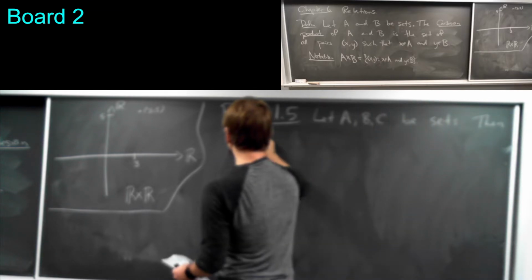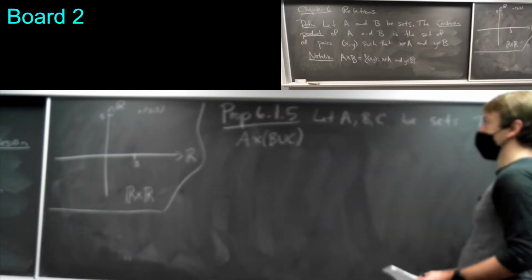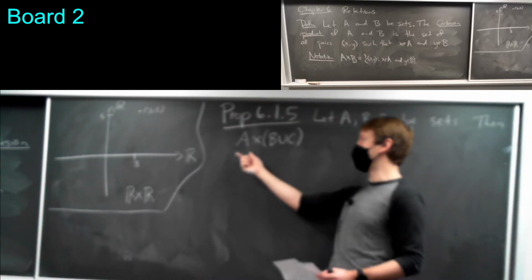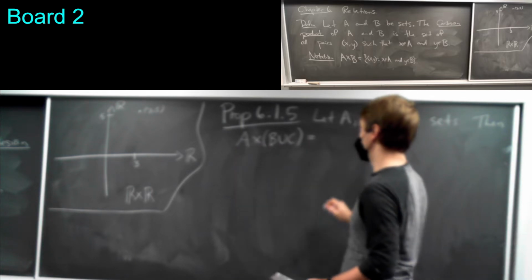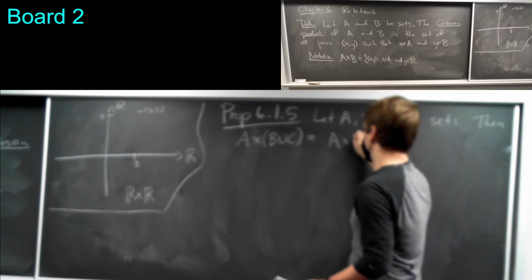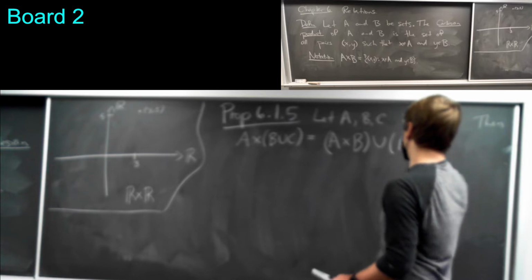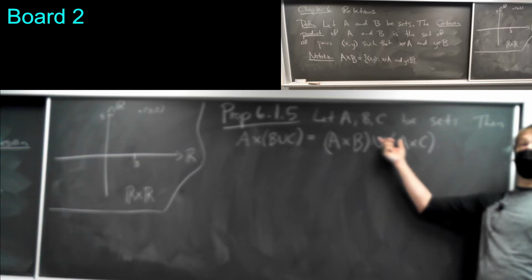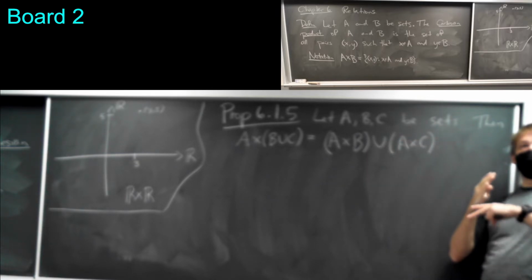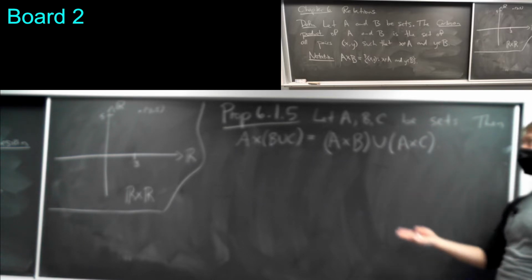Then, so I guess the way I'll say this is A cross B union C. Or you could say more formally the Cartesian product of A and B union C. So this is equal to A cross B union A cross C. So this kind of feels like a lot of the stuff we were proving before, right? It's just we have a new operation, this Cartesian product. But otherwise, we've got the same sort of stuff, right?